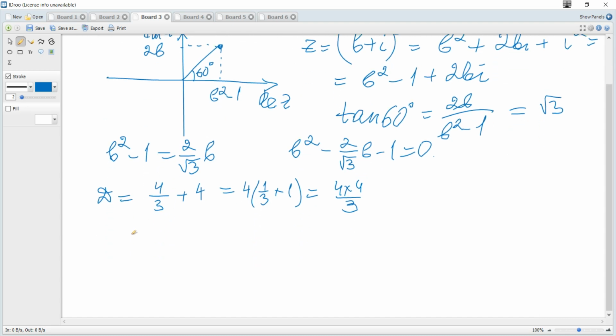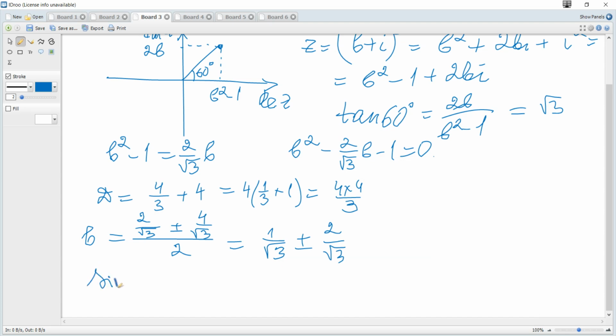Hence, the roots become b is minus b, which is 2 over √3, plus minus the root of the discriminant, which is 4 over √3, all over 2a, and we can divide each term by 2 and it becomes 1 over √3 plus minus 2 over √3.